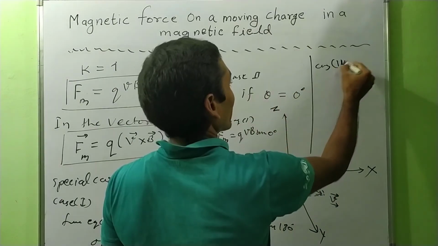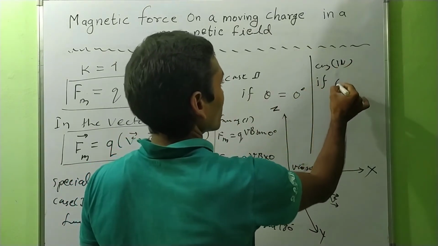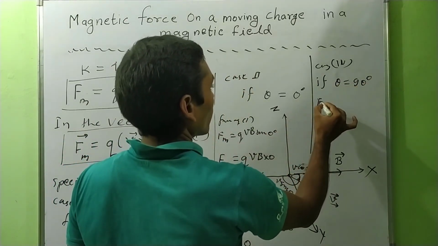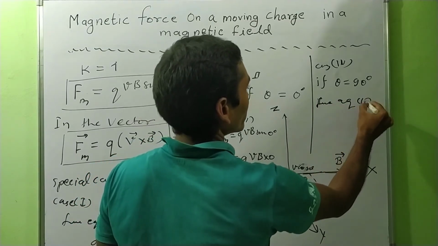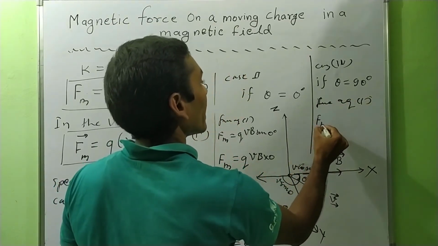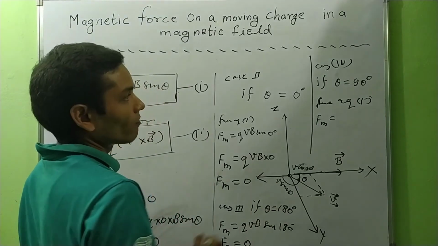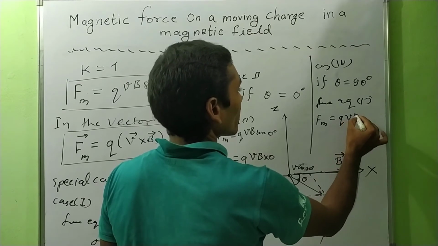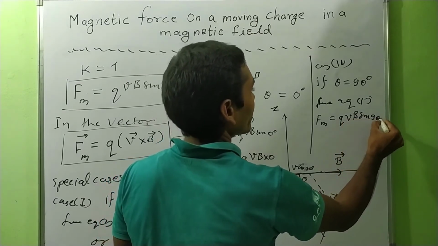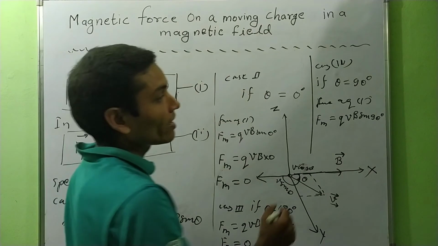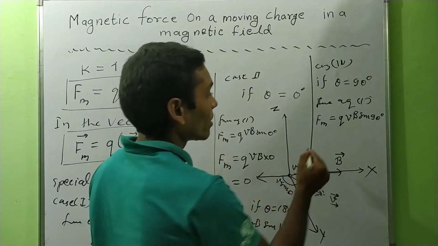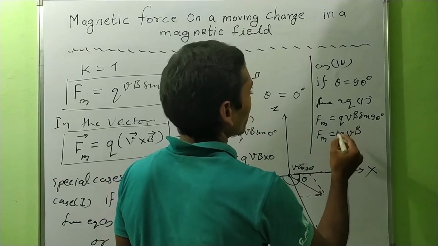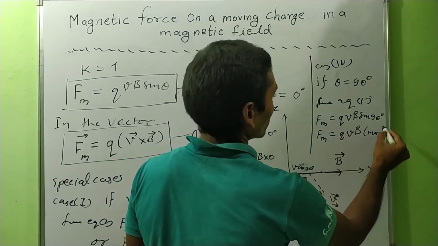Case 4: if theta equals 90 degree, then from equation first, Fm, the magnetic force on the moving charged particle, is qvB sin 90 degree. Now the value of sin 90 degree is equal to 1. So the magnetic force will be qvB, that is the maximum force.